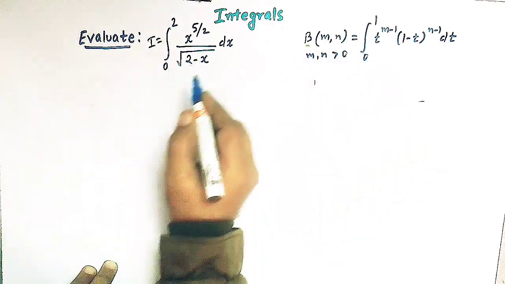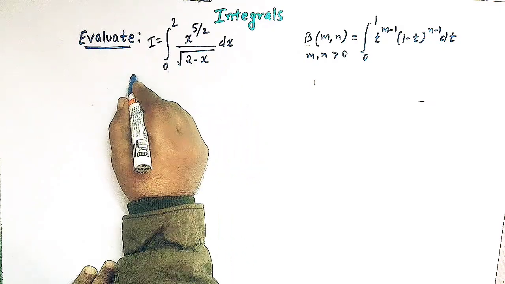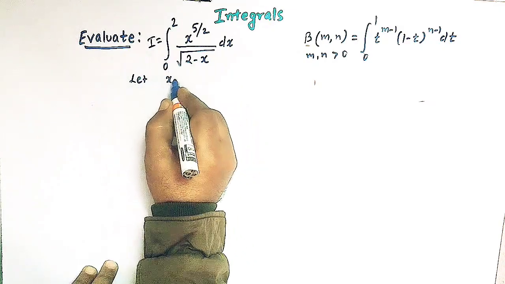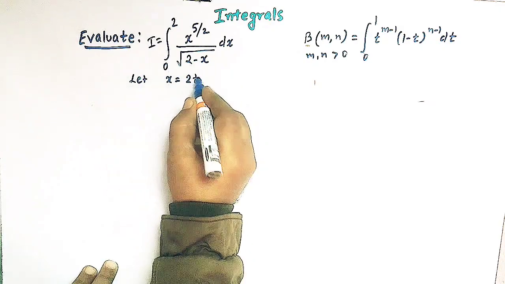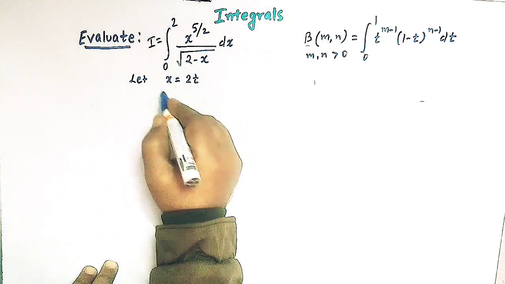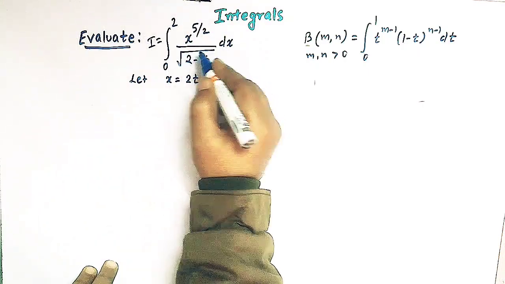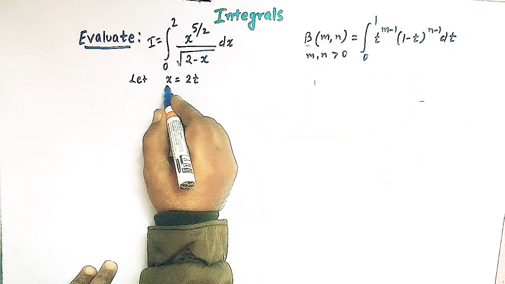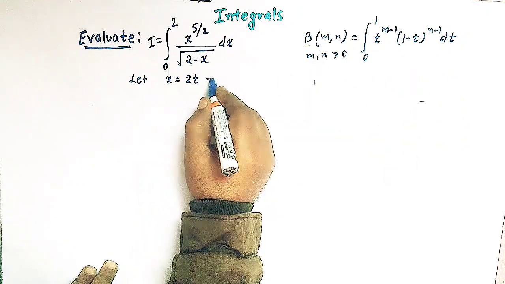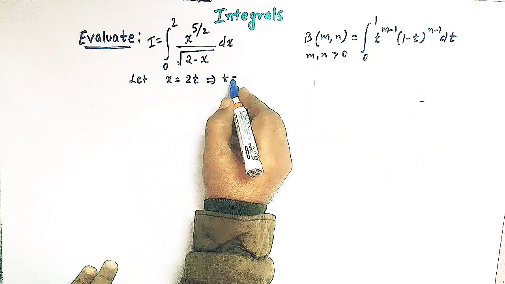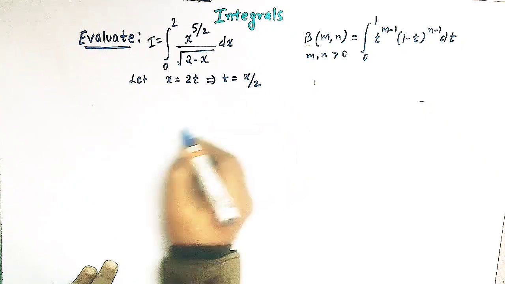So here we'll substitute x is equal to 2 times t, right? And using this substitution, we'll convert this integral into this form. So here x is equal to 2t, and t can be written as x over 2.